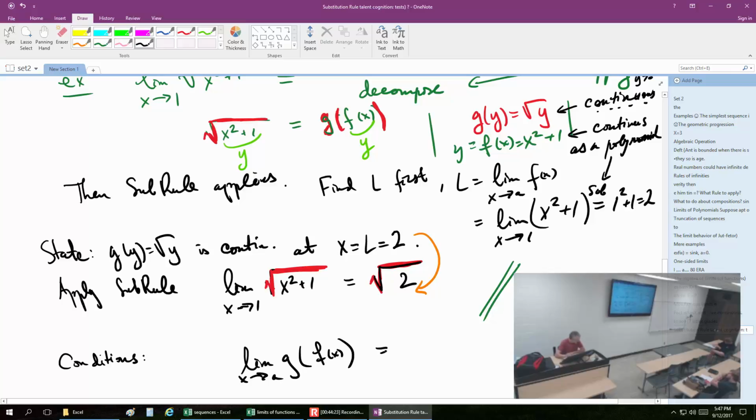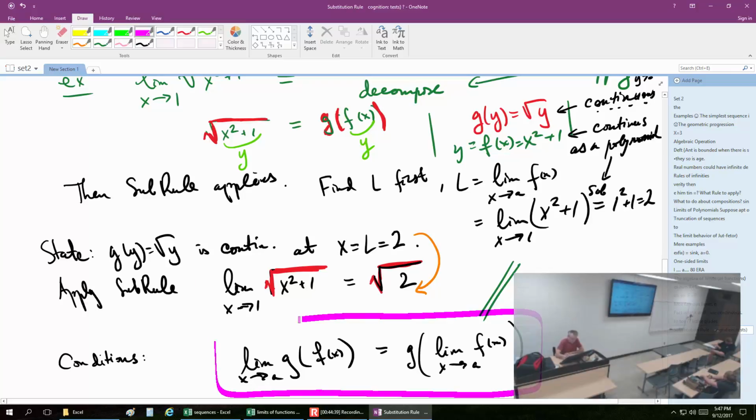The limit is applied to this composition, f inserted inside of g, and then I could just pull g out and pull the limit in. So that's another way to put it. The substitution rule.